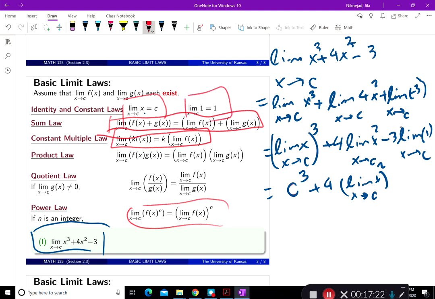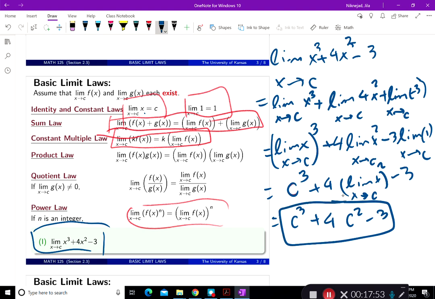Limit of 1 as x approaches c is equal to 1, so we end up with minus 3. Now at this point I have c to the 3 plus 4 times the limit of x as x approaches c, which again is one of those two. It's going to be c squared minus 3. So that's the value of the limits that we got.